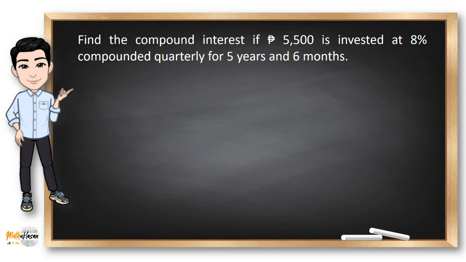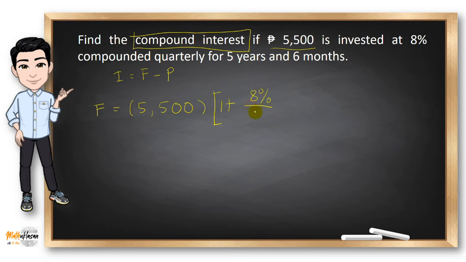Find the compound interest if 5,500 is invested at 8% compounded quarterly for 5 years and 6 months. So to compute for the compound interest, we need to subtract the final amount with the principal value, which is 5,500. So we need to get the F. F is equal to the principal value, which is 5,500 times 1 plus R over M. R here is 8% and M is 4 because it is compounded quarterly.